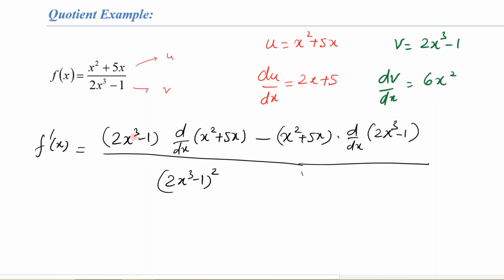Or you can say low D high minus high D low divided by square of what's below.